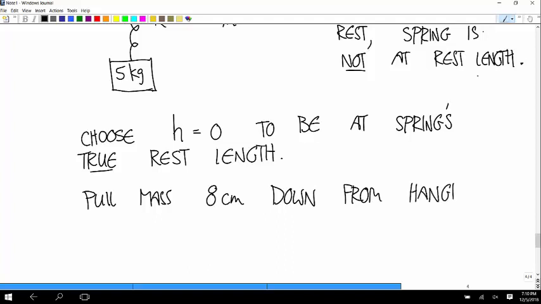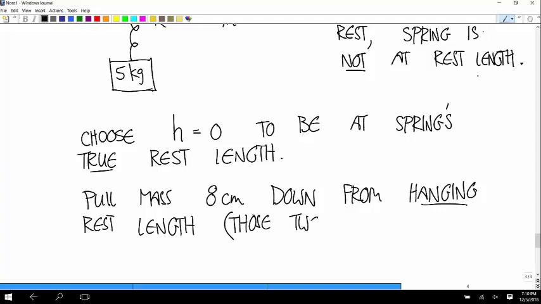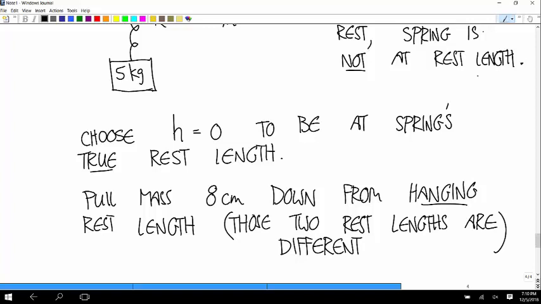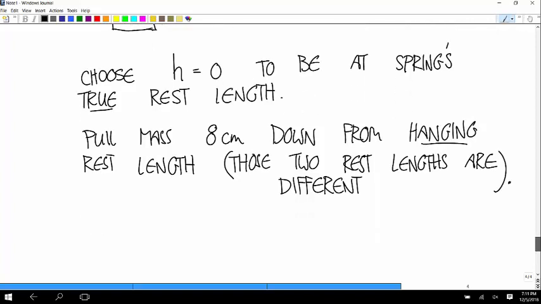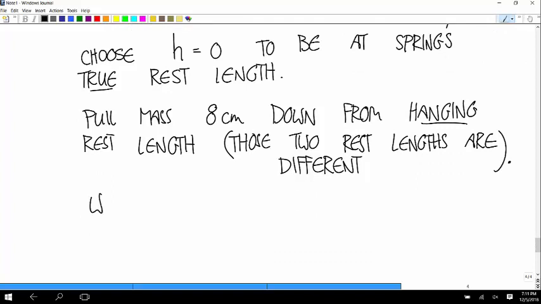That's a different location. So those two rest lengths are different. And we want to calculate what's the speed of the mass.